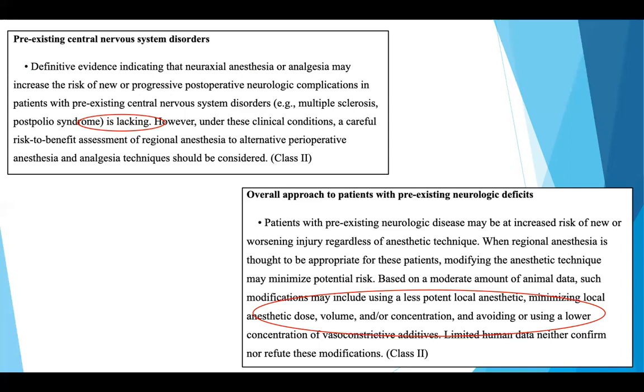They point out that there's very minimal evidence, and therefore they recommend using less potent local anesthetics, minimizing the local anesthetic dose, the volume, and or the concentration. And once again, they point out that there's limited human data that neither confirm nor refute these modifications.